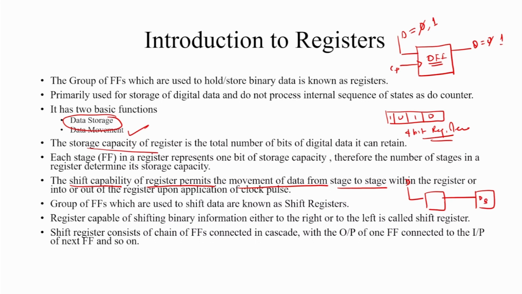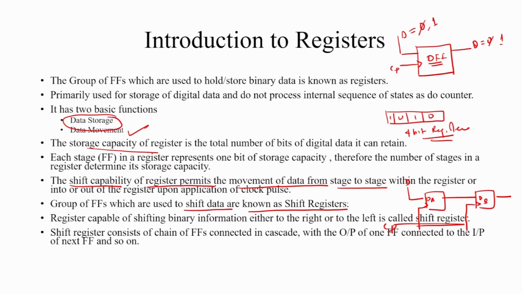A group of flip flops used to shift data is known as a shift register. When a group of flip flops is used to shift data from one location to another in the left direction or in the right direction, this is known as a shift register.